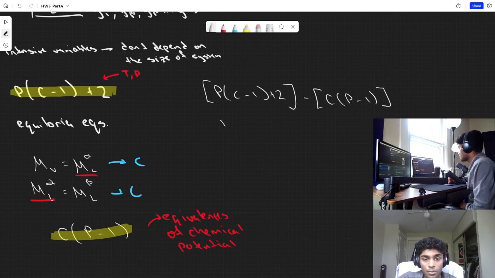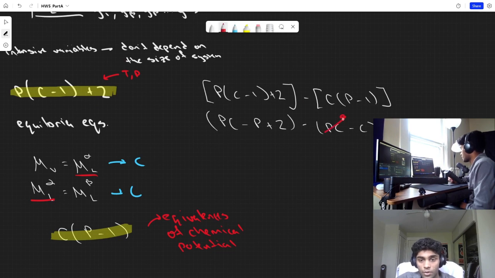So we can distribute out the P. So this is PC minus P plus 2. And we're going to subtract PC minus C. And so these two PCs will cancel out. We're going to be subtracting a negative, which will make it a positive.